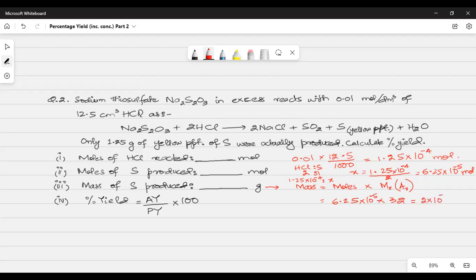Is it exactly 2, or are there any decimals connected to it? Let me do it again. Take your time. No, sir, it's just 2 multiplied by 10 to the power of -3.